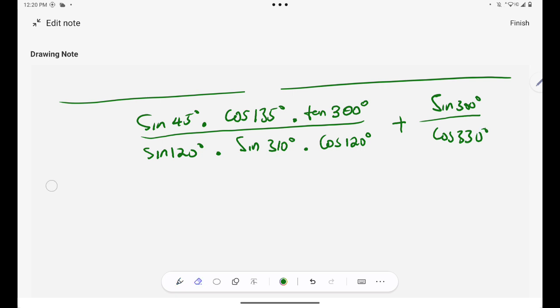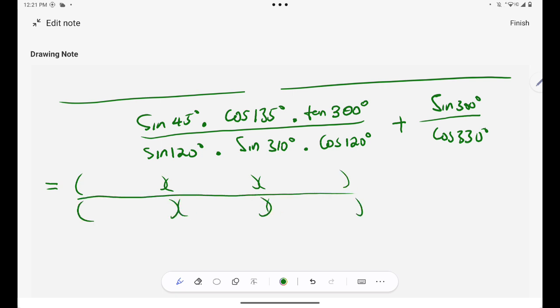You can pause the video, guys, and try this thing on your own. Since at the top you have 3 brackets, you'll just open 3 brackets as well. 3 brackets at the top, at the bottom, plus sine 45 is already reduced, so you just leave it like that.